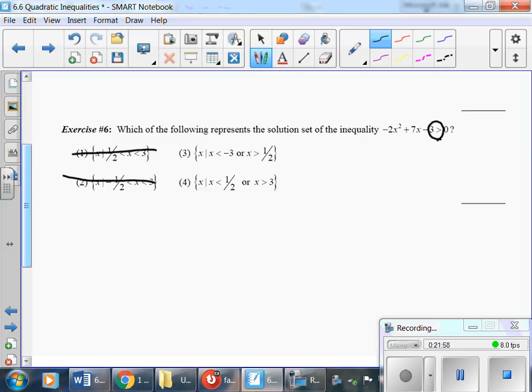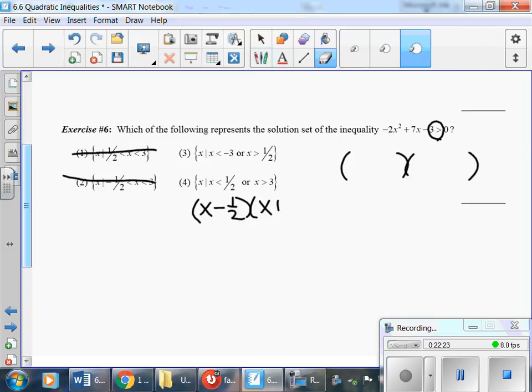All right, so now we're going to have to do a little bit of math here because we're going to have to do some factoring. And it's tricky to factor with that leading coefficient being a -2, but you could try working with your answers. In other words, here, if I have 1/2, I know that it's going to be x minus 1/2, and x minus 3, right?